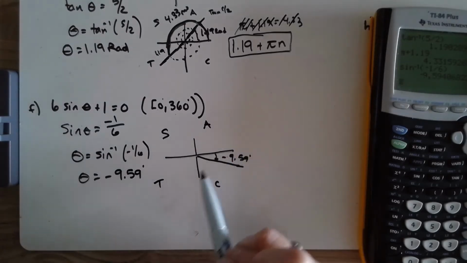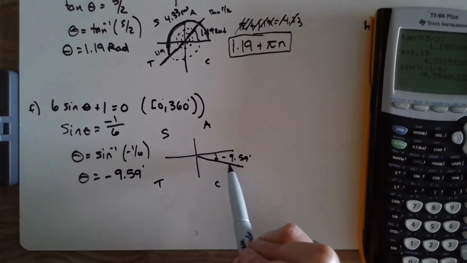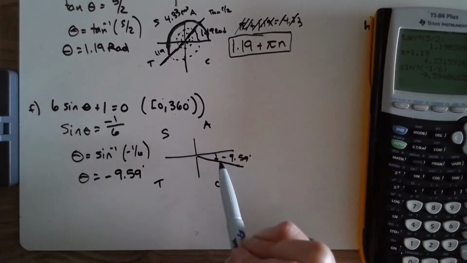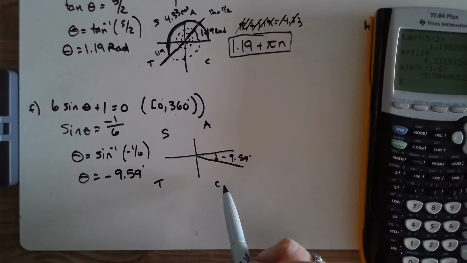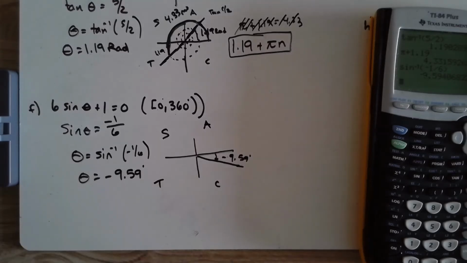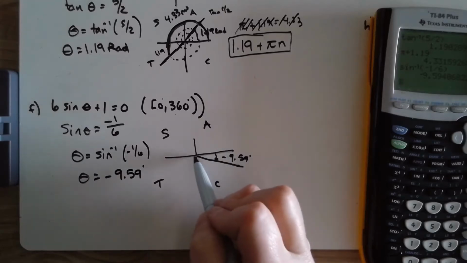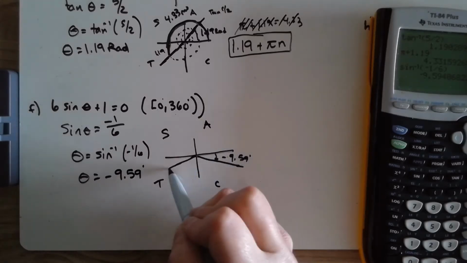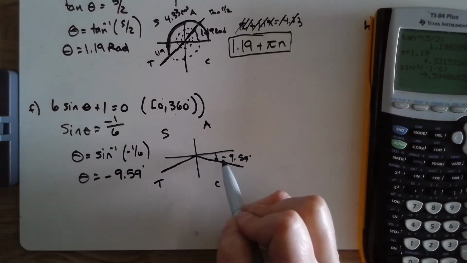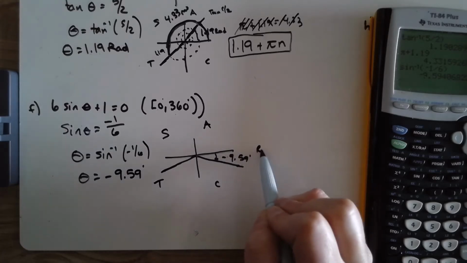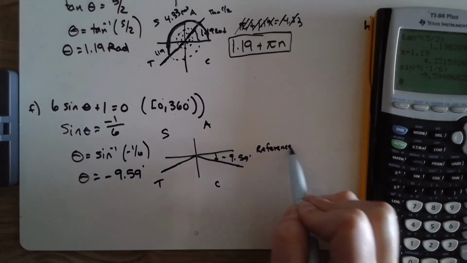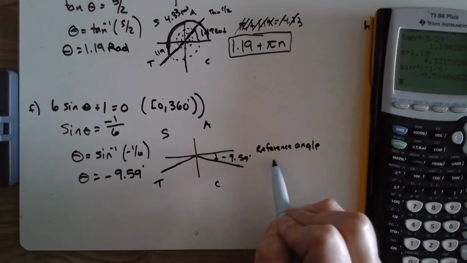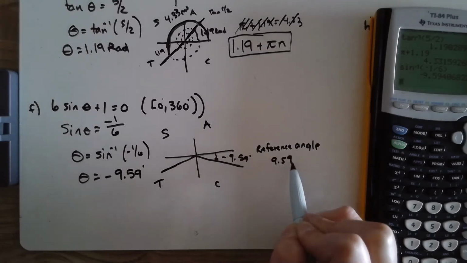So we've got this one. Okay, so this is negative. Where's our other negative position for sine? Well, that's quadrant 3. So this one is negative, but what's really my reference angle? Okay, my reference angle is 9.59.